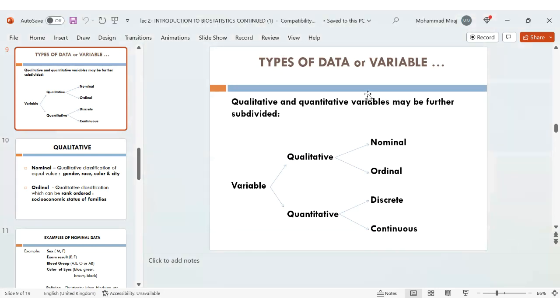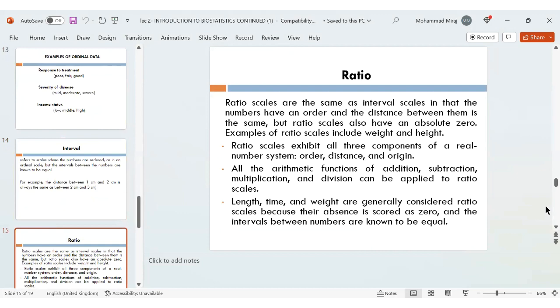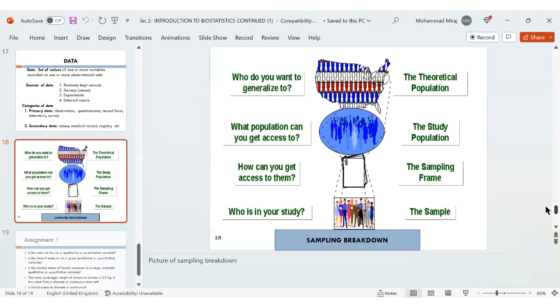So in the last class we discussed all these things, and then ratio, quantitative data.